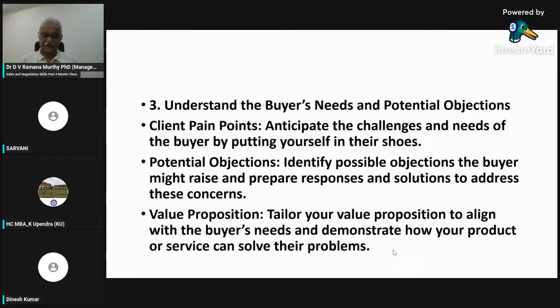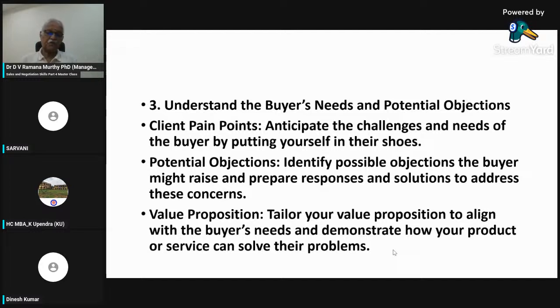Of course, a lot of things take place in these instantaneous conversations. It is true, but if you do a little homework about the pain points, you can easily assume what sort of objections can be raised by the client organization, so that you can prepare apt responses and solutions to address the client's concerns.